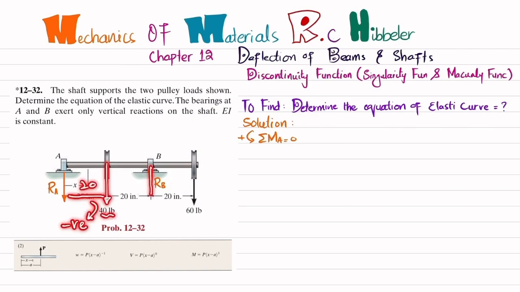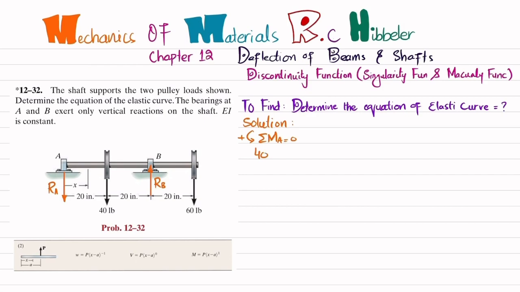The second moment is produced by RB with perpendicular distance 40, and it is counterclockwise, so it is positive. The third moment is 60 times perpendicular distance 60, and it is clockwise, so it is negative. The sum of all moments about A will be equal to 0.